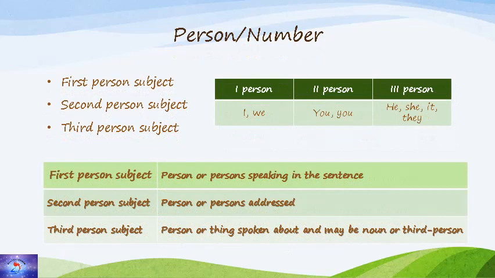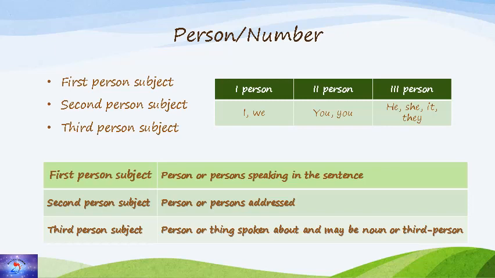So now let us see. The first person subjects are I, we. The second person subject is you. And the third person subjects are he, she, it, they. First person subject refers to the person or persons speaking in the sentence.